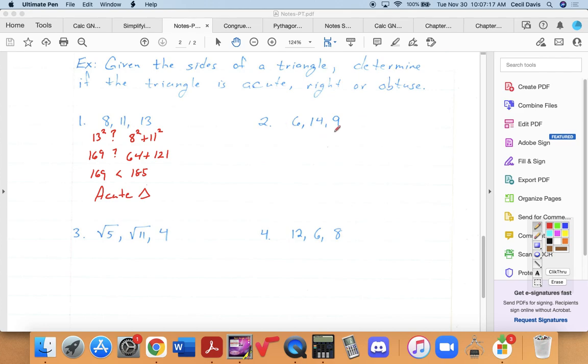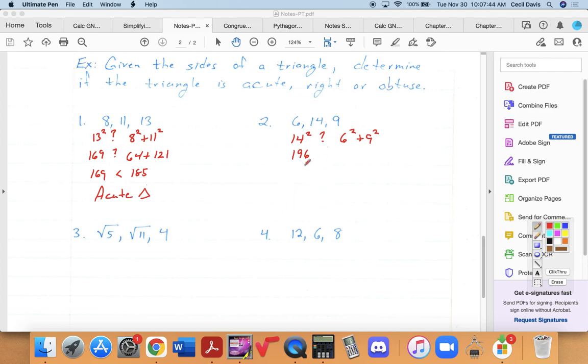All right, what's the biggest side for this one? 14. So I'm going to compare 14 squared, and again, I put a question mark here because I don't know what's going to happen yet, to 6 squared plus 9 squared. 14 squared is 196.